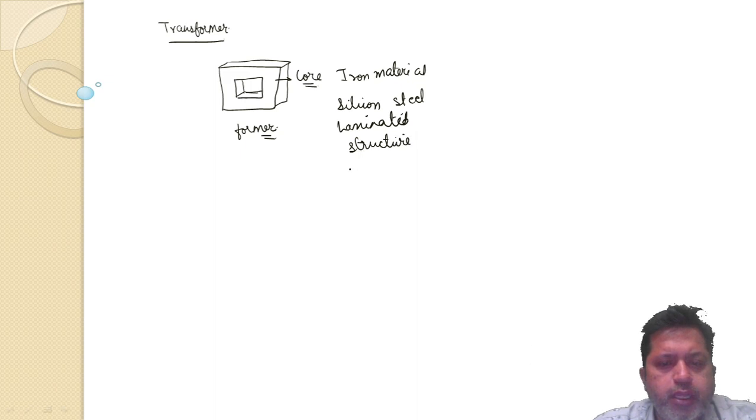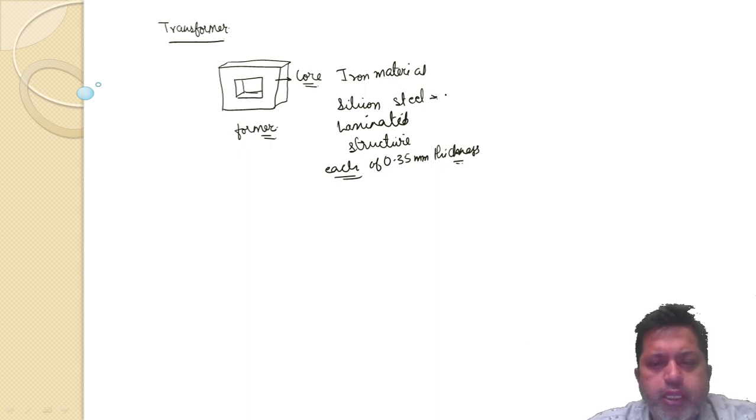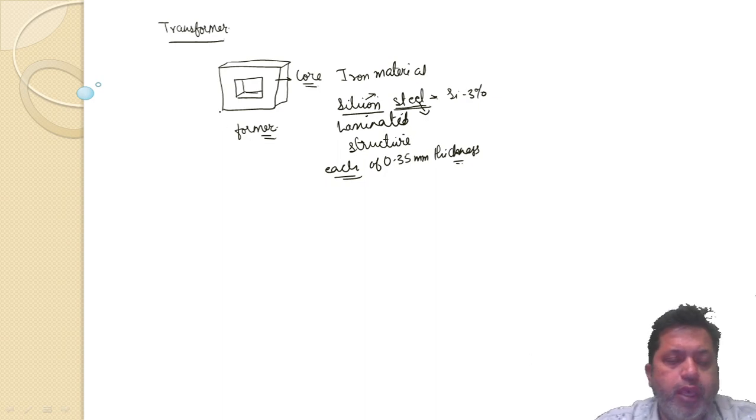Each lamination is of thickness 0.35 mm. Silicon is around 3%. Steel is for producing the flux, that is for magnetizing the circuit, and silicon gives the mechanical strength. We are achieving both.